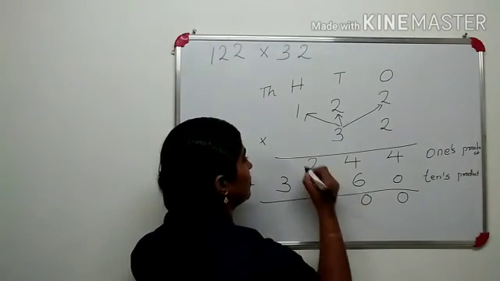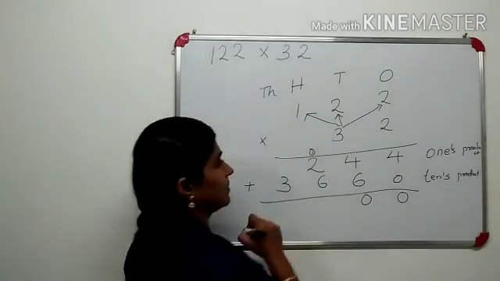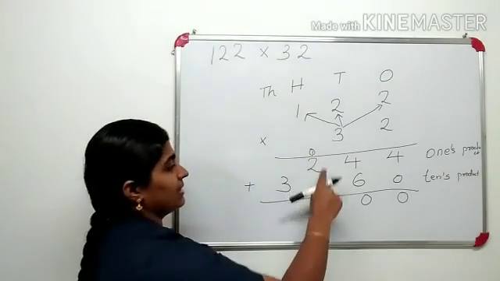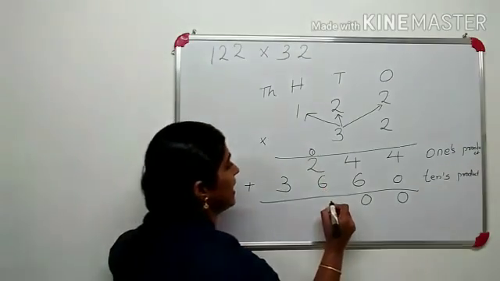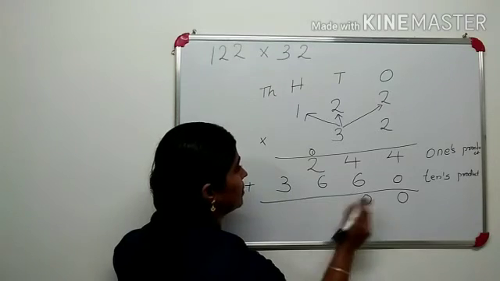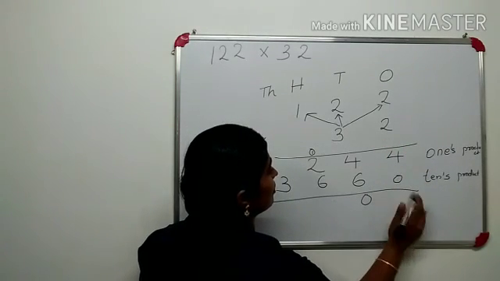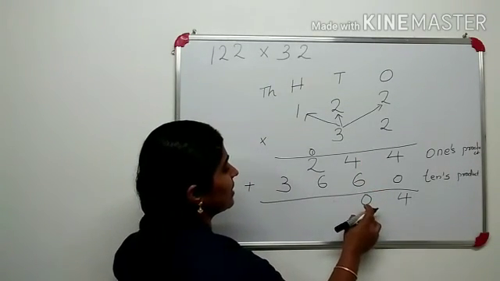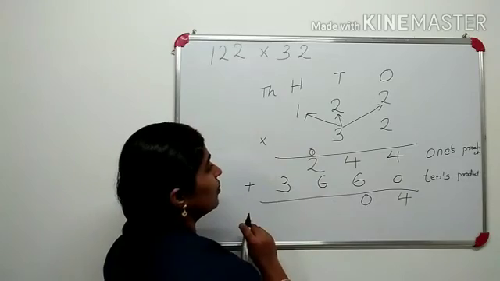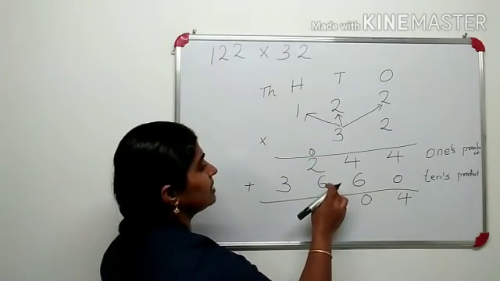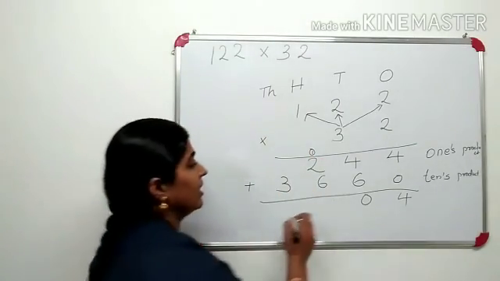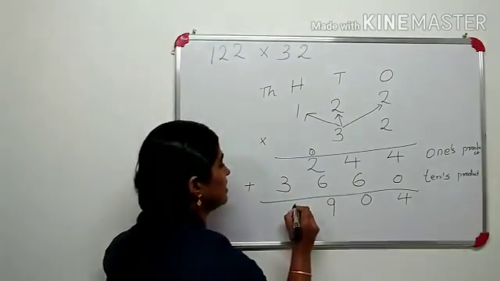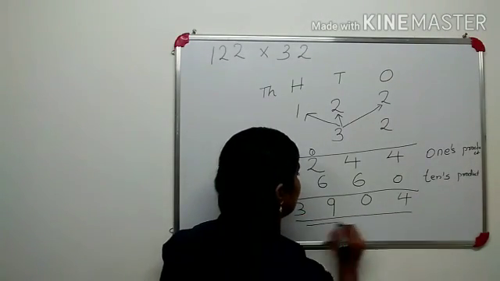So we are writing 0 here and carrying 1. Then 1 plus 2 is 3. 3 plus 6 is 9. There is nothing to add with this 3, so we are writing 3 here. 3904.